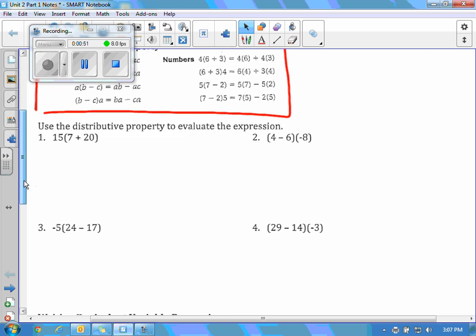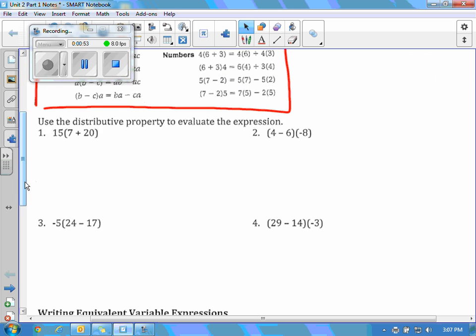So let's look at some examples. It says to use the distributive property to evaluate the expression. Now, you can very easily do the operations in the parentheses first and then multiply. But we're working on using the distributive property, so please make sure you do that for this. What the distributive property tells me is that I'm going to take this number that's outside the parentheses and multiply it by each number that's inside the parentheses.